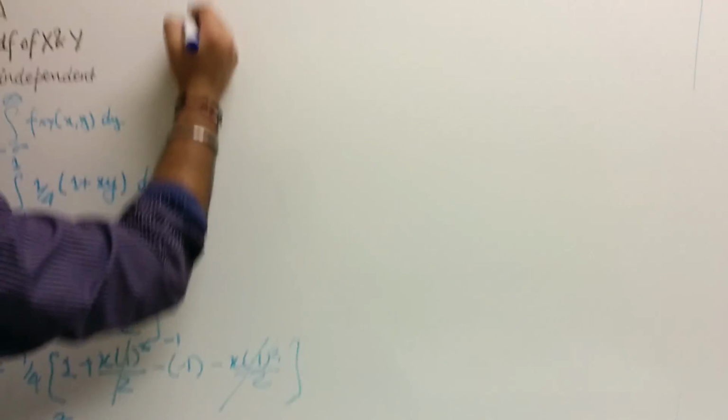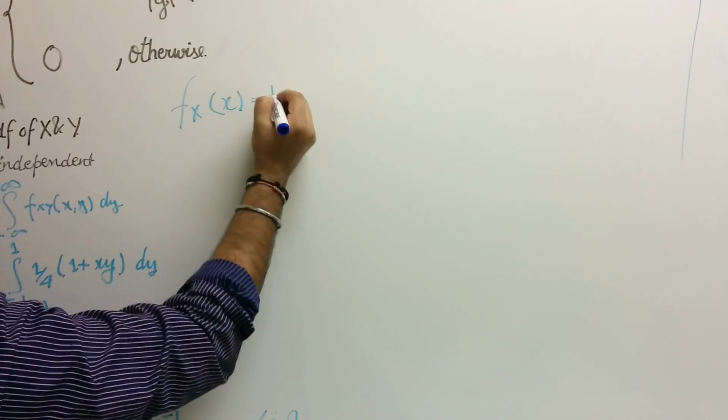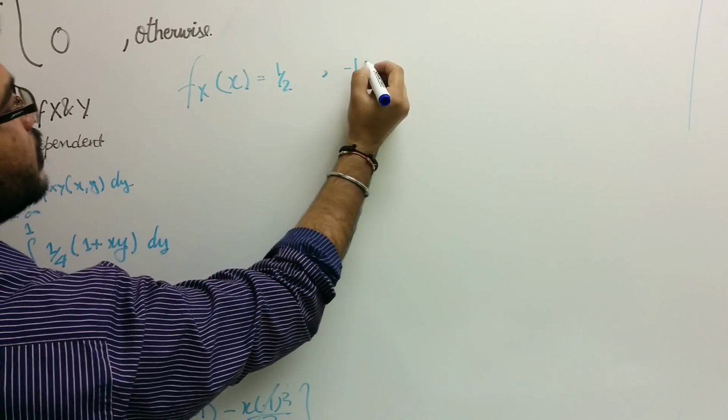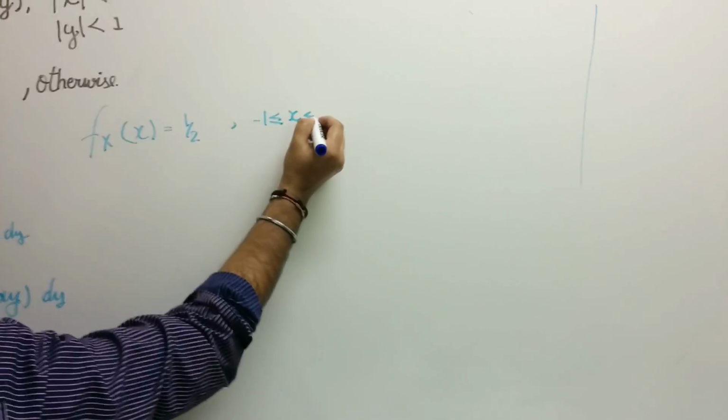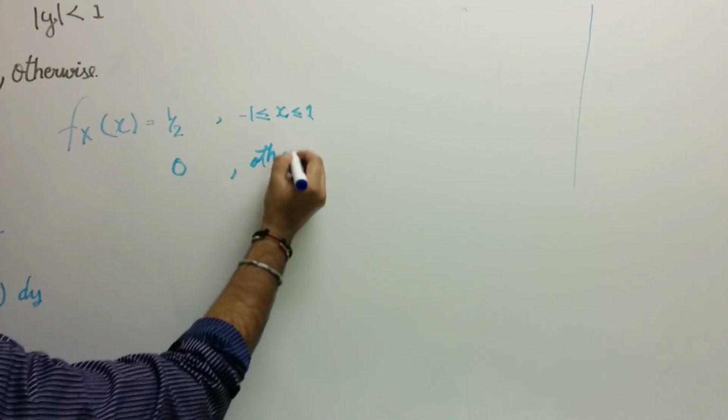So the marginal PDF of x is half in the range -1 to 1, and it is 0 elsewhere.